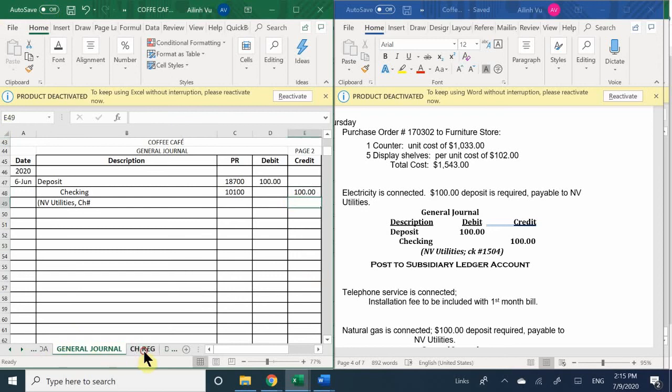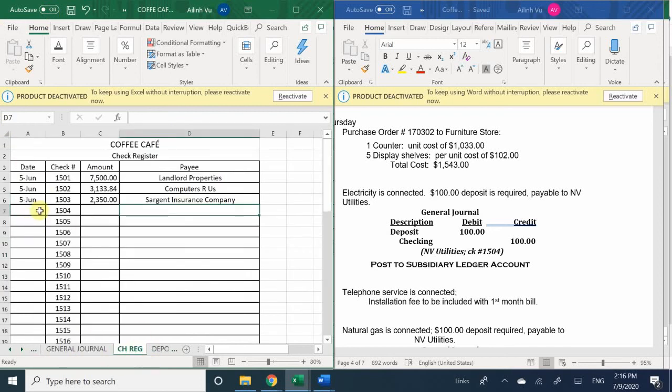So let's go to our check register and let's write that check. So on 6/6, we wrote a check for $100, and it is going to be for NV Utilities.